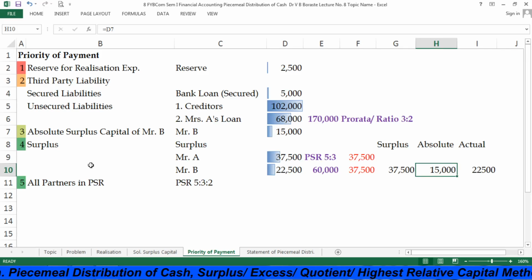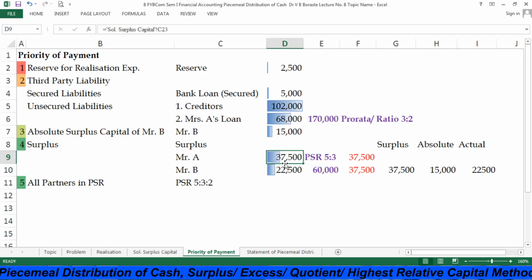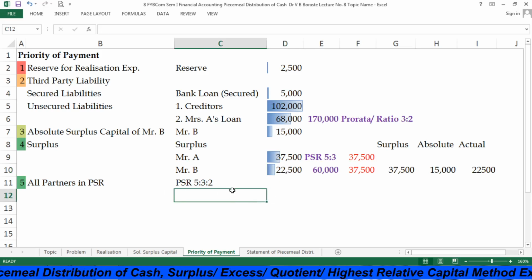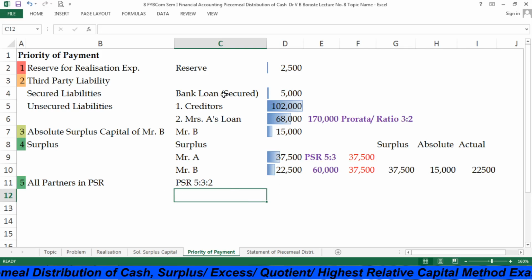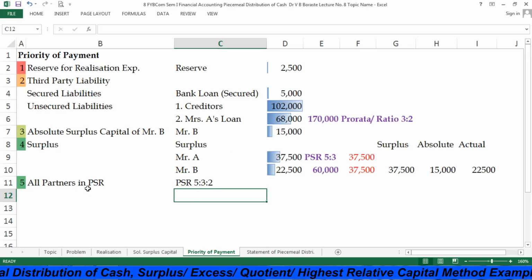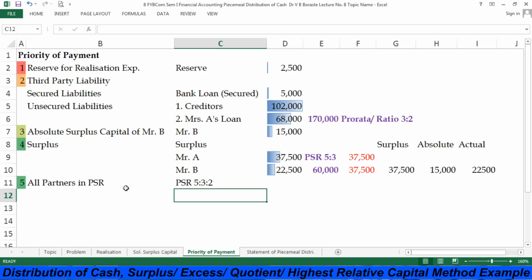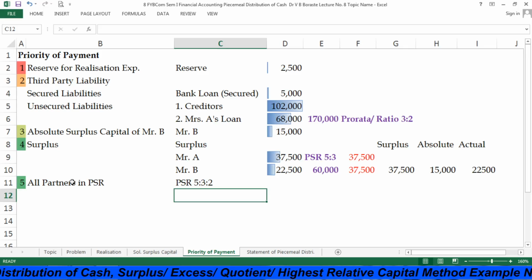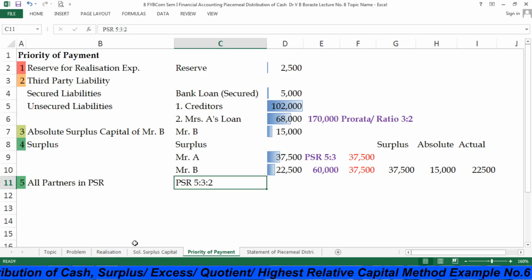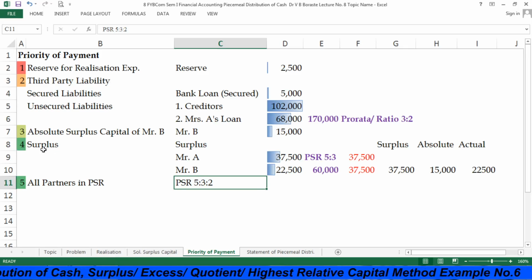That means in this stage Mr. A will get 37,500 and Mr. B will get 22,500. After the payment of all these liabilities and absolute surplus, then surplus, we can pay surplus capital. So we can pay all cash or all balances in profit sharing ratio. So here is the priority of payment.